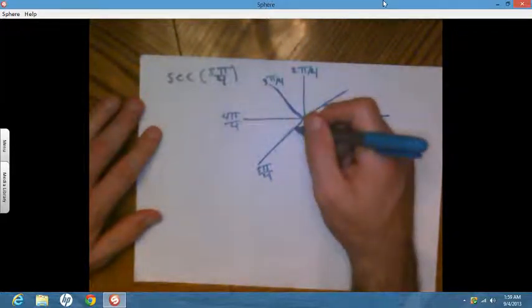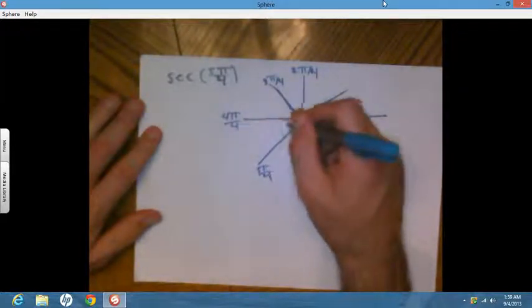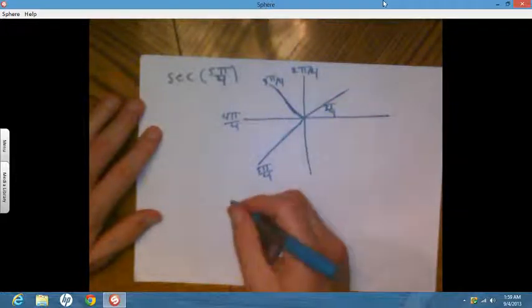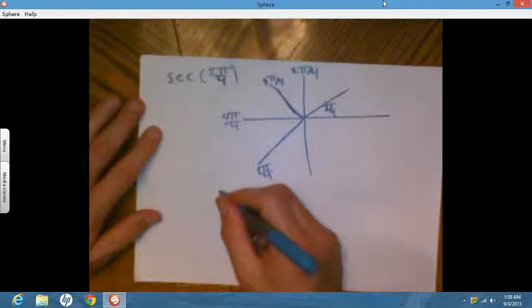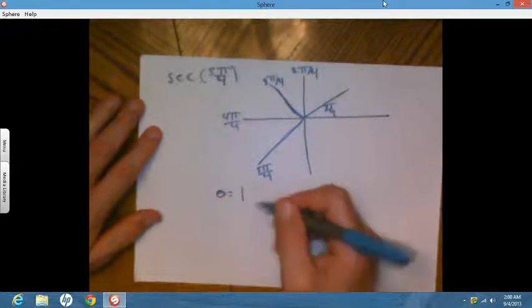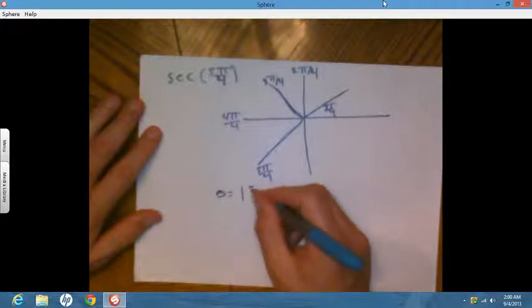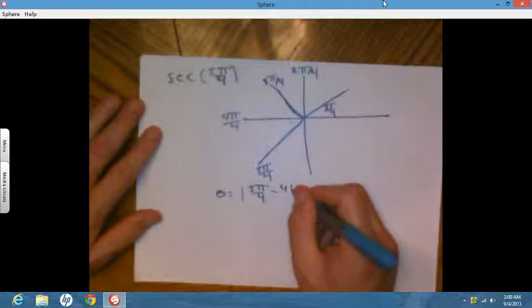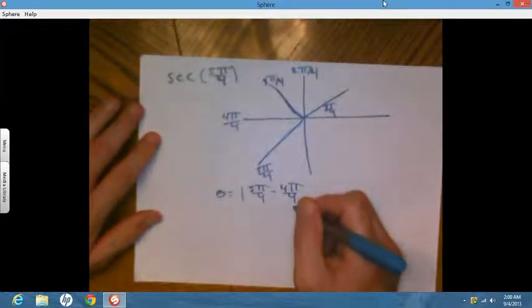So that's going to be this angle right here, between these two guys. So my reference angle, I'll call it theta, is going to be equal to 5 pi over 4 minus 4 pi divided by 4. So again, my first step was find the quadrant.